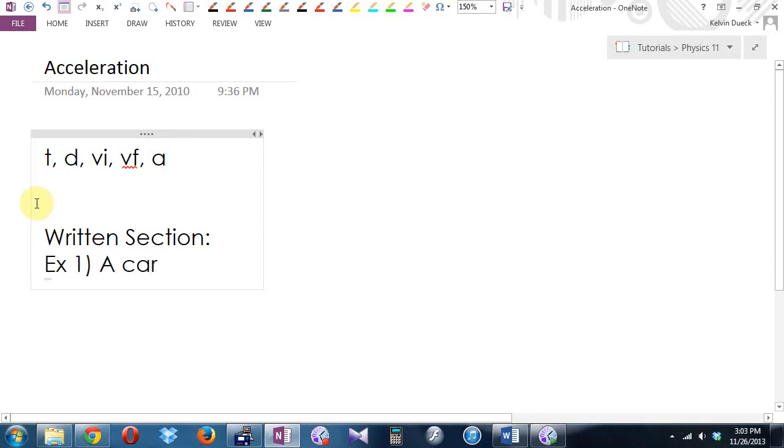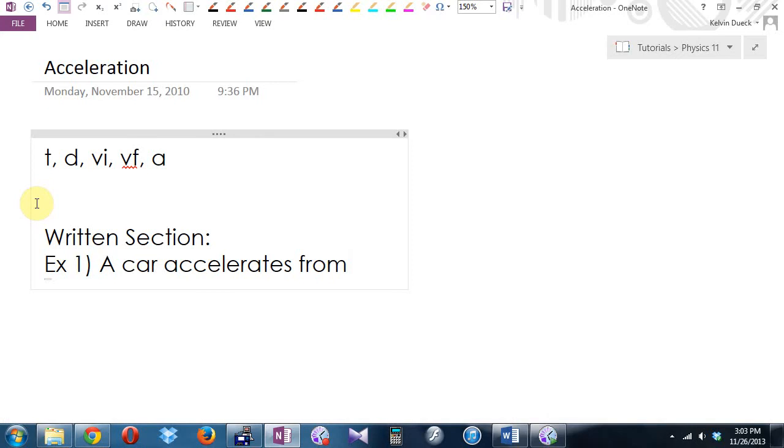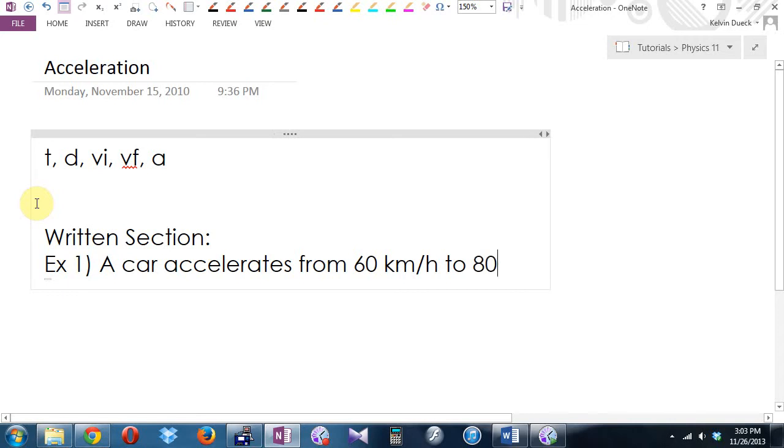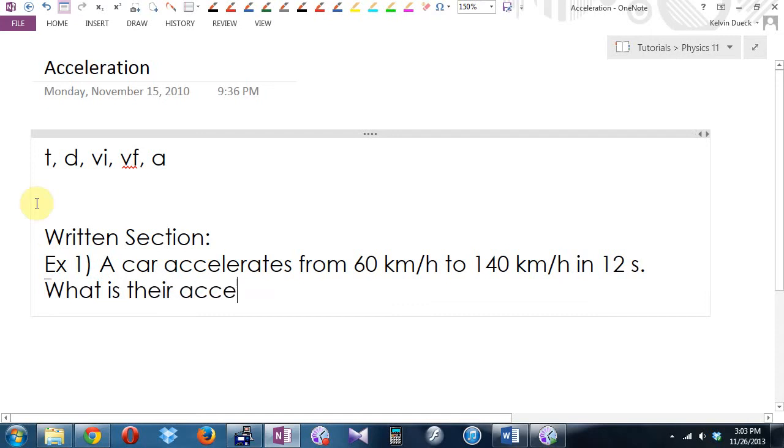A car accelerates from, how about 60 kilometers per hour to, oh heck, let's make them a speeder, 140 kilometers per hour in 12 seconds. What is their acceleration in meters per second squared?